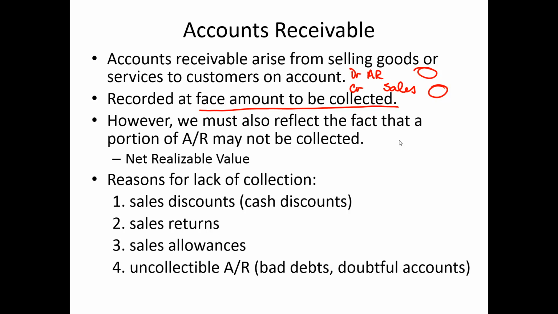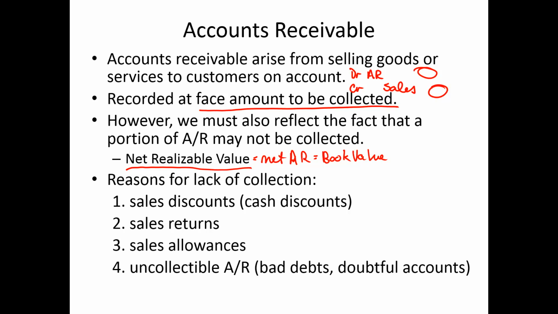The trouble is that not all customers pay, and so we are very interested in figuring out what the net realizable value is of those accounts receivable. And so these will be called net accounts receivable, or its book value.